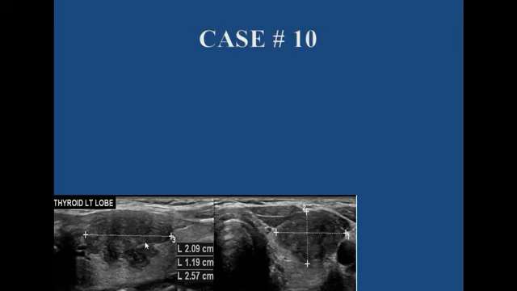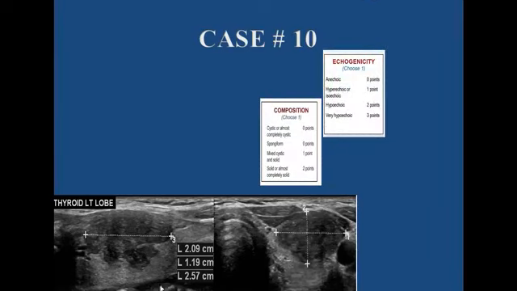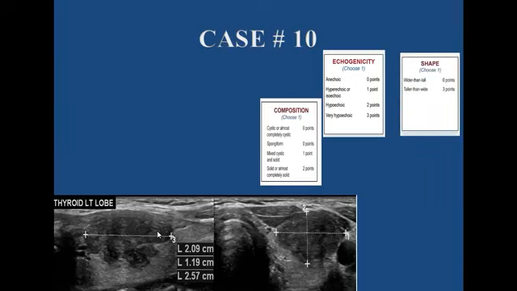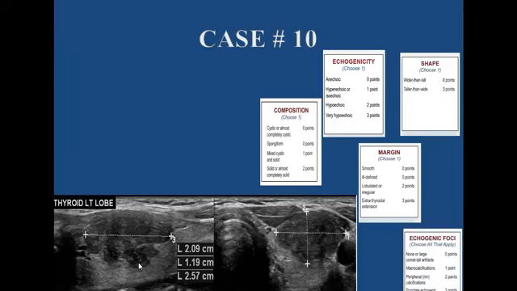So here we have another solid nodule, hypoechoic. If I compare its echogenicity to the rest of the thyroid, I will find that it is hypoechoic. It is wider than taller. Here I think we have lobulated margin, so we'll give it 2 points for this lobulation and no echogenic foci.